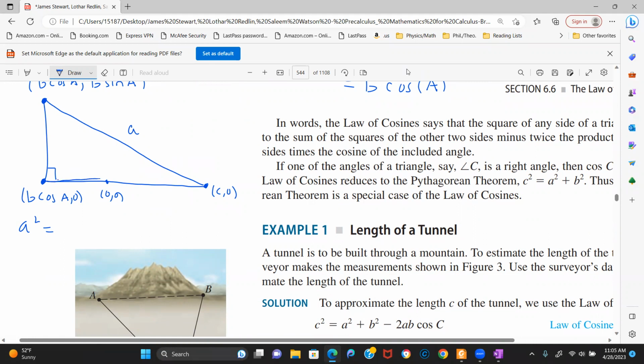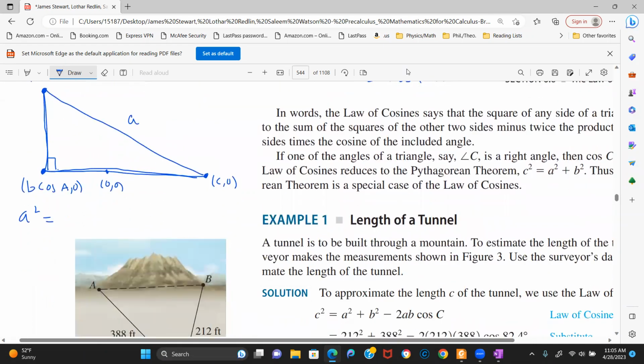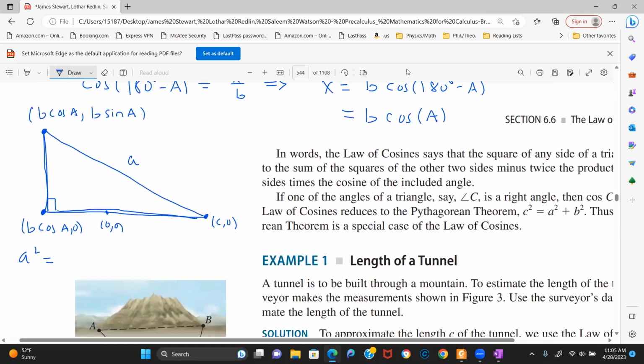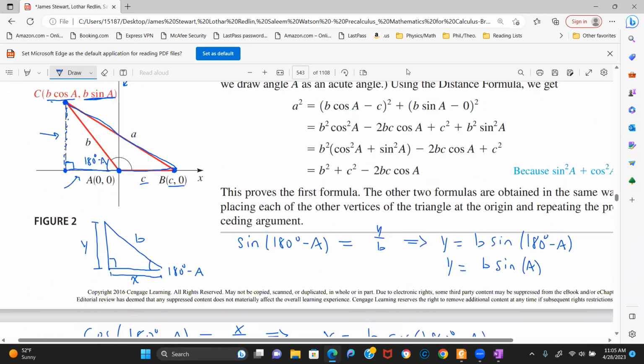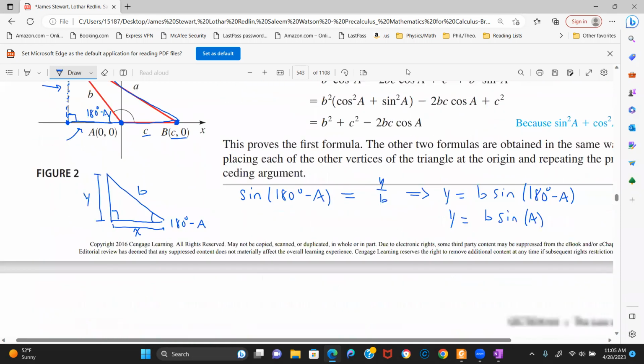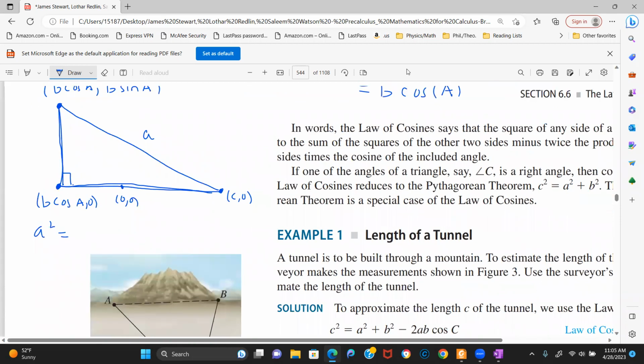We want the length of this line right here, and then this line here. That's really weird actually, because they have negatives in there. We should be able to get this.